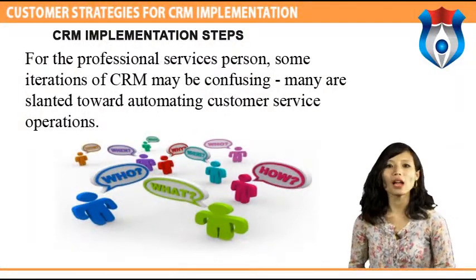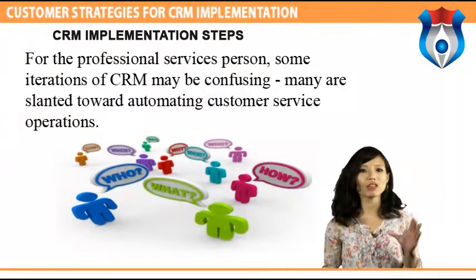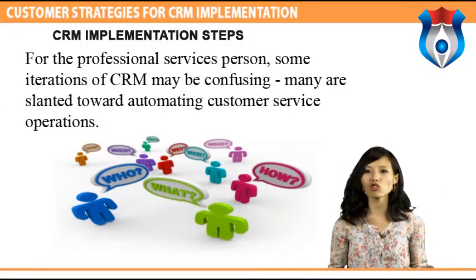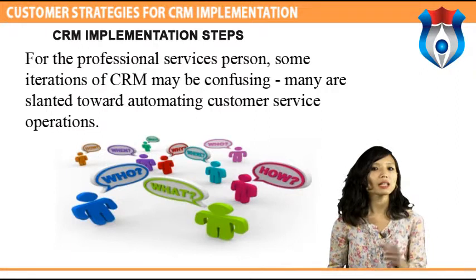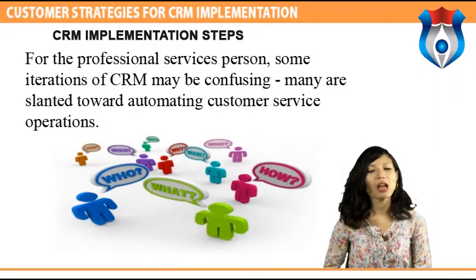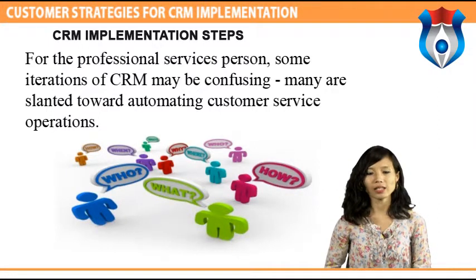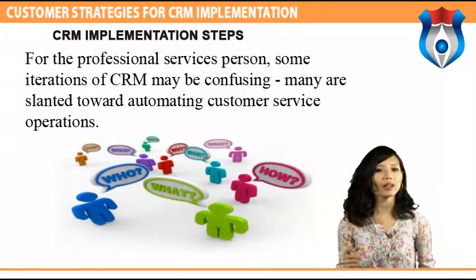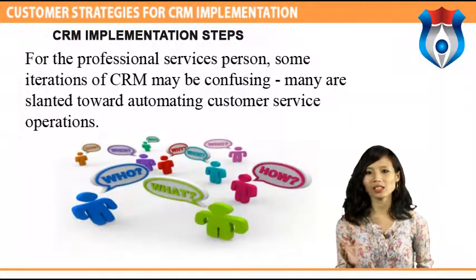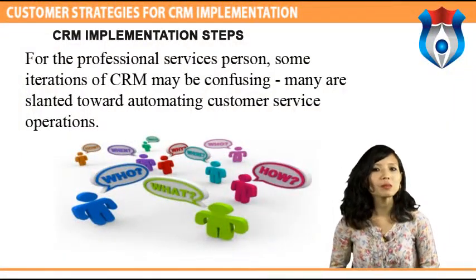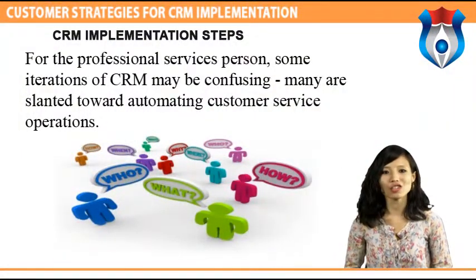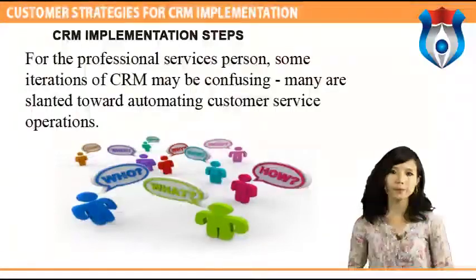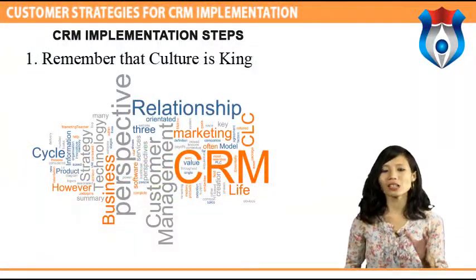When deployed in an organization, CRM solutions aggregate vast amounts of information to create a pool of knowledge that can be used to prospect new business, validate leads, analyze processes, and more. But the question remains, how can a firm ensure success? Following are 5 simple steps that can help put an organization on the path to CRM success. Remember that culture is king.